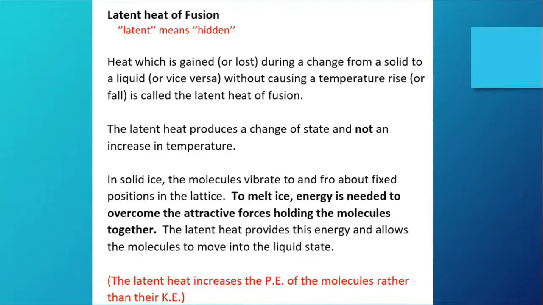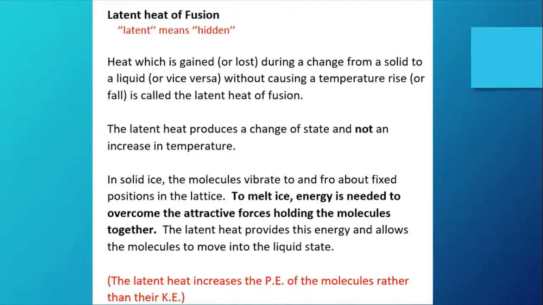Why latent? The word latent means hidden. It's heat which is gained or lost during a change from a solid to a liquid, or vice versa, without causing a temperature rise or fall, and is called the latent heat of fusion. The latent heat produces a change of state and not an increase in temperature. In solid ice, we have a crystal lattice.